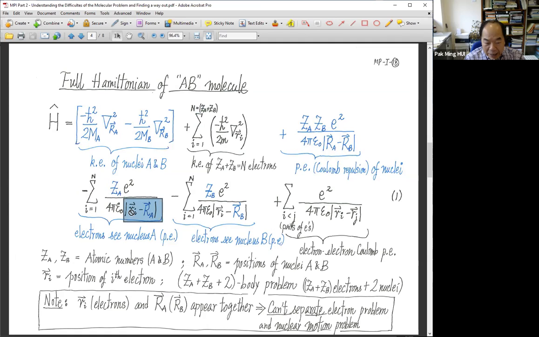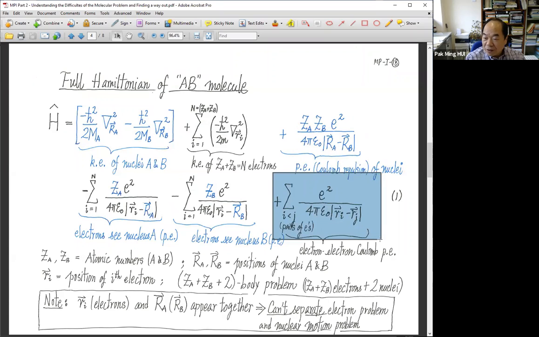So Ri is the position operator after using Schrödinger's representation, the substitution. This is the electron's position operator. This is nucleus A's position operator, all right? So this is how every electron sees A. Similarly, every electron sees B, okay?